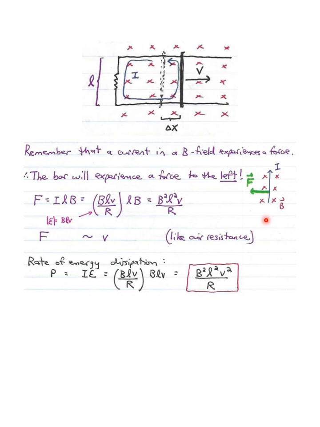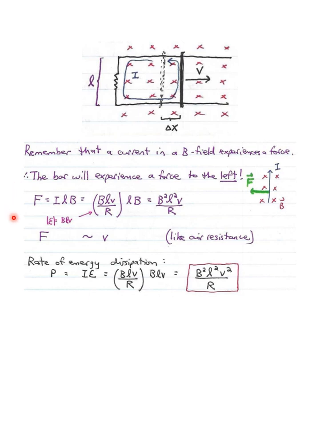It's in a magnetic field that points into the page. And so one of the first right-hand rules you used to figure out what force a current feels when it's in a magnetic field, I place my outstretched hand pointing straight up, my fingers curl into the page, and my thumb points to the left. So that bar that we are pulling to the right is experiencing a force to the left.